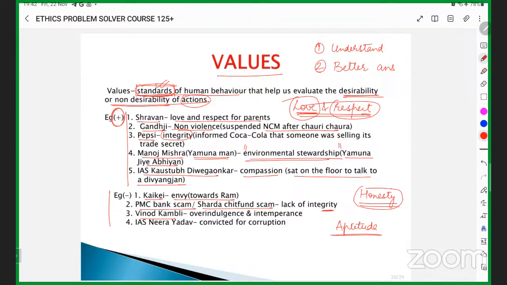Both had great aptitude or skill set when it came to cricket, but it was Sachin who excelled and Kambli was not able to excel. The reason was overindulgence and intemperance. Fourth example from bureaucracy, IAS Neera Yadav convicted for corruption. There was some issue with regard to allocation of land, and she was held guilty of corruption, because of which she had to go to jail.